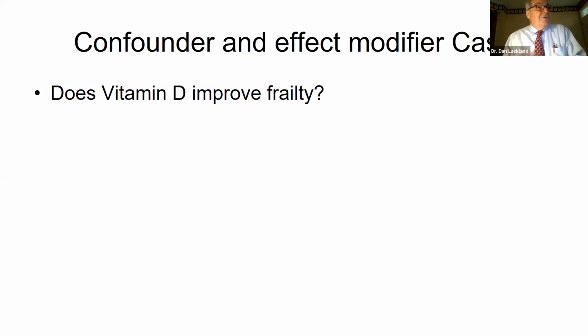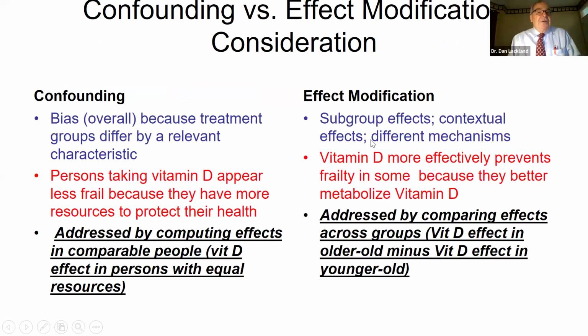Do you want to suggest vitamin D supplements for people who have low vitamin D, or just as a simple supplement that might help with frailty? If we look at something like that, vitamin D could be a confounder. It could also be an effect modifier, depending on the question you're trying to resolve.